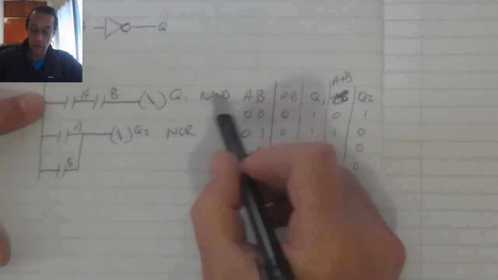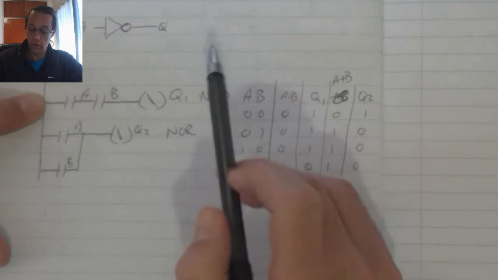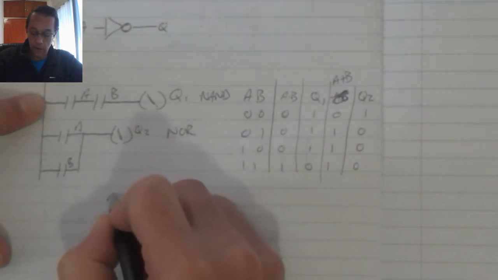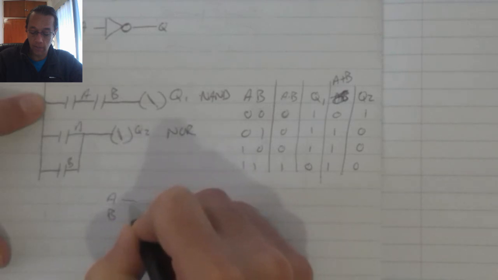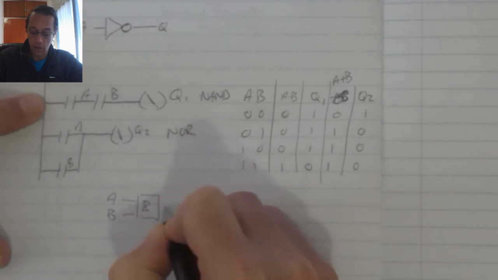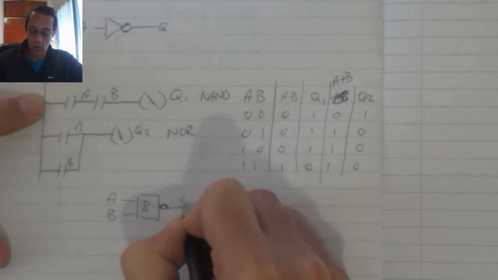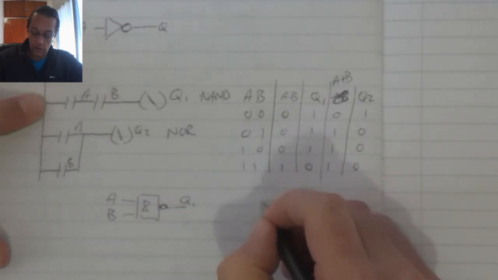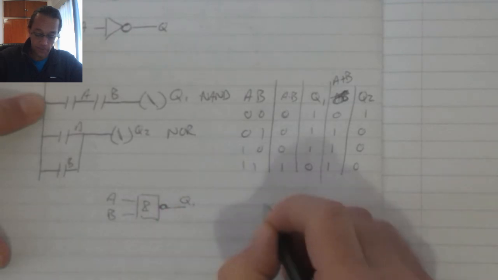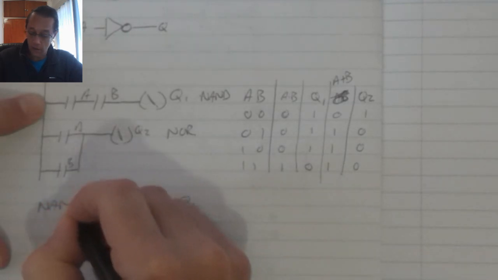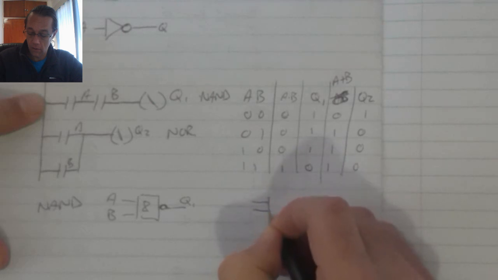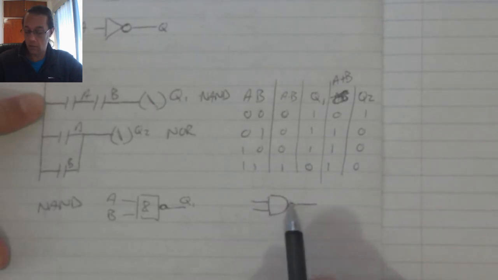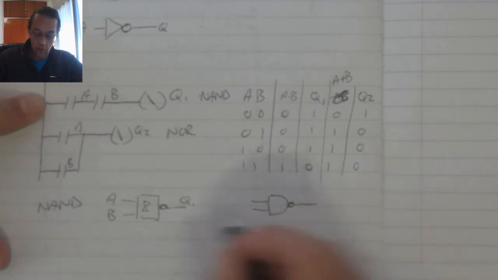When I take the NAND, it is a combination of the NOT and the AND function, so we will represent it as A and B, which gets NOTed to give me Q1. The American symbol for the NAND is the same as the normal AND symbol, except with the bubble function.